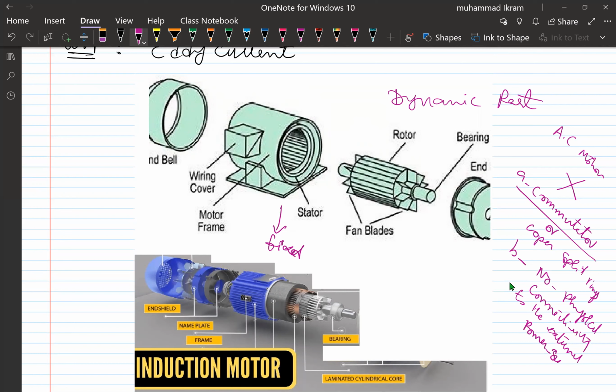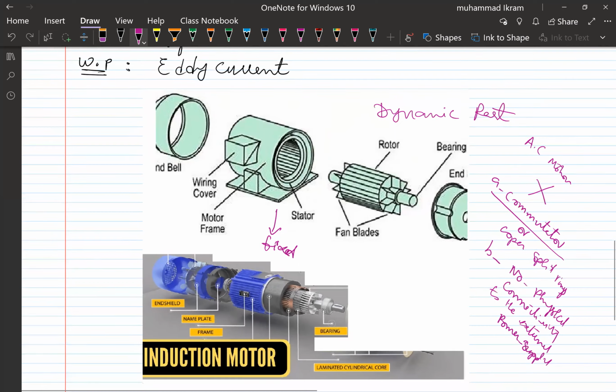So these two points give it an advantage over the direct current motor, the DC motor. And this gives it a long-lasting life, right? Because no carbon brushes or such things are required here.